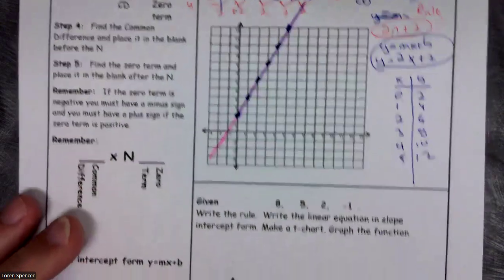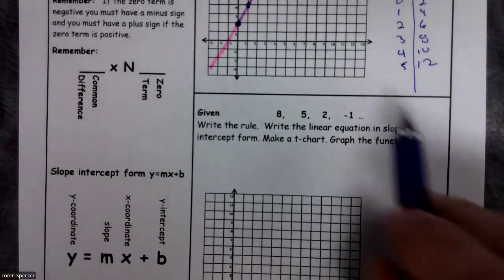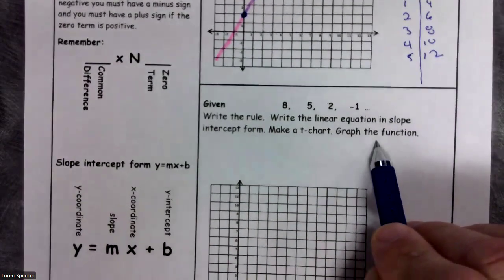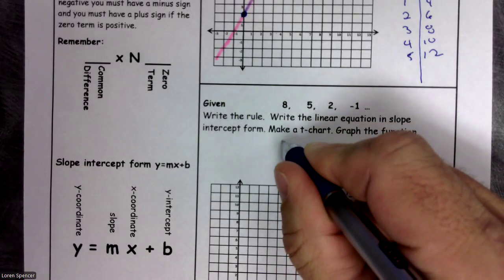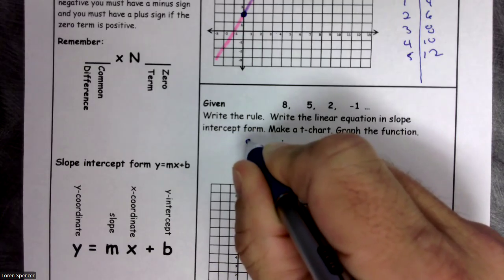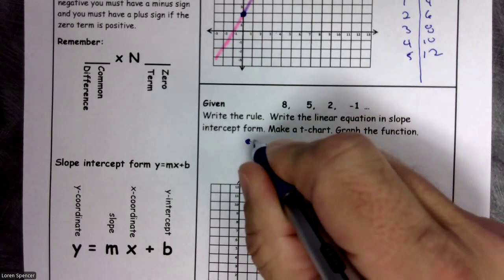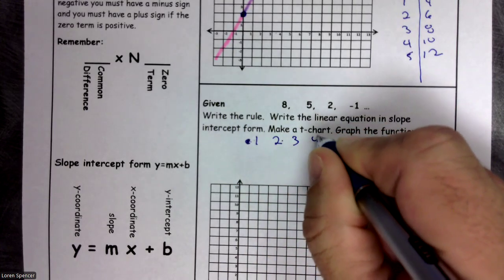All right. The next one, write the rule and write the linear equation in slope-intercept form, make a t-chart and graph the function. So we're going to do the same thing as we just did. I'm going to make sure I have enough room. 1, 2, 3, 4.